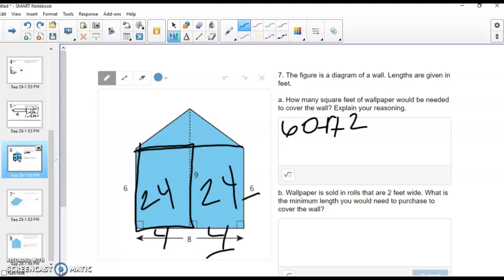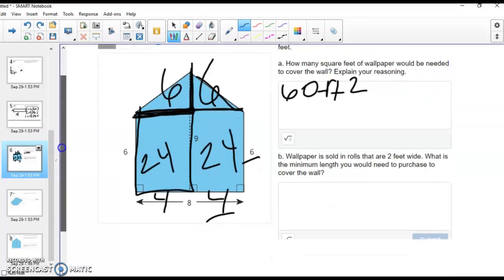And then if we split these two up, this again, the base would be 4, and the height is 3. 4 times 3 is 12, and divided by 2, this area would be 6, and this is identical to it, so this would also be 6. Again, 6 plus 6 is 12. 24 plus 24 is 48. Add those up, and you still get 60 feet squared.